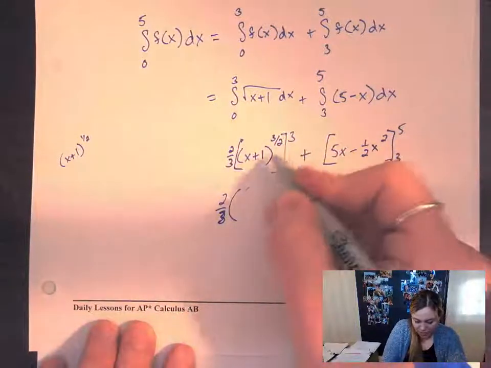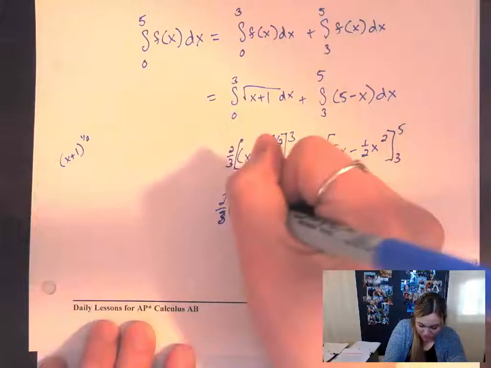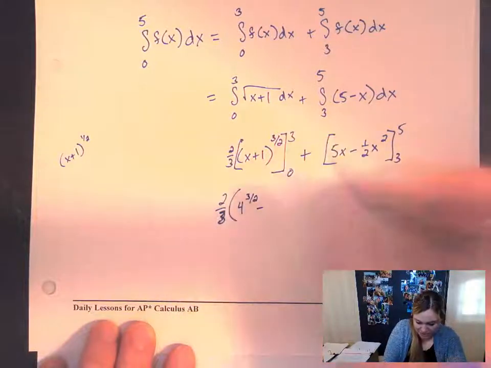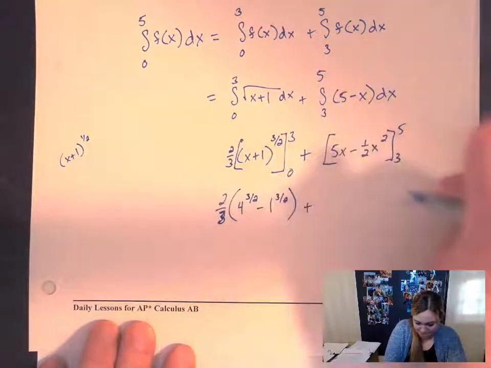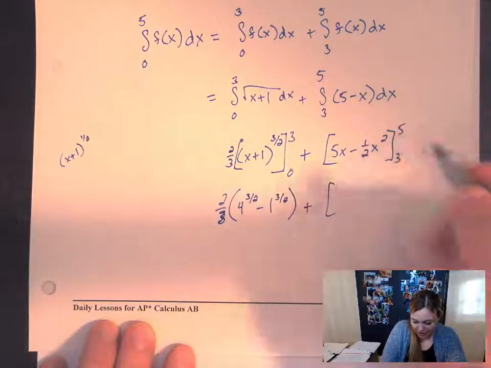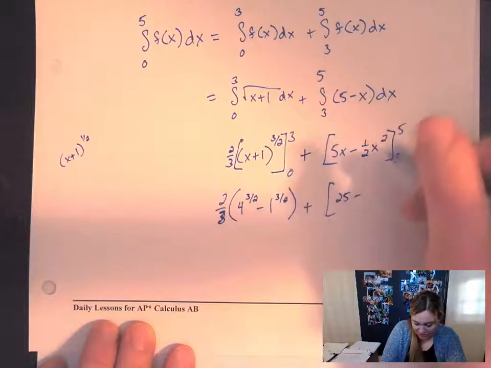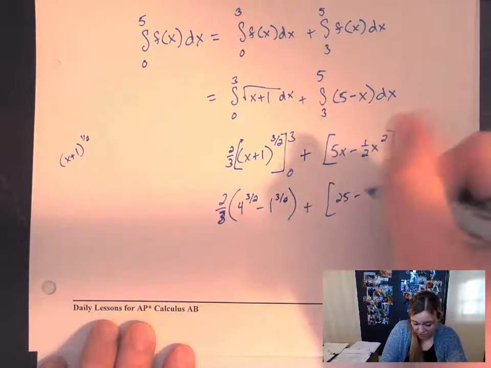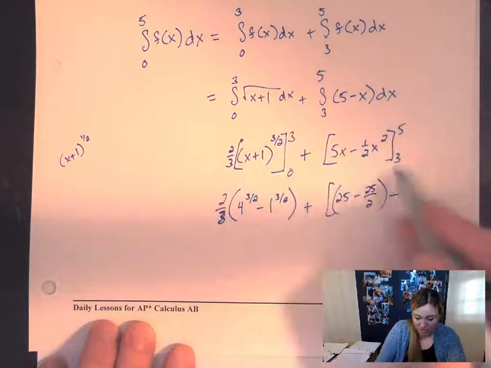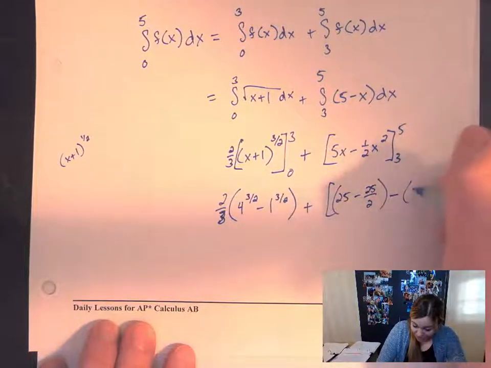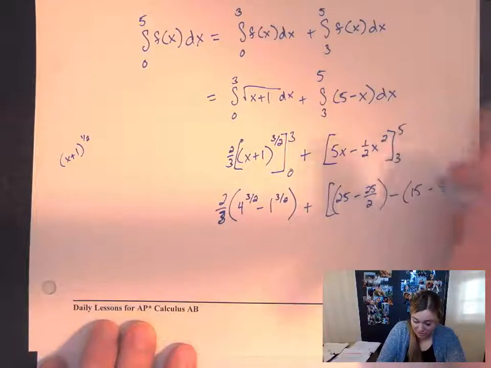If I put in 3 plus 1 is 4 to the 3/2 power, minus 0 plus 1 is 1 to the 3/2 power. Over here, if I put in 5, I would have 25 minus 25 over 2. Substitute in 3, 15 minus 9/2.